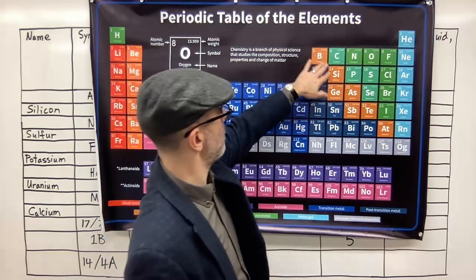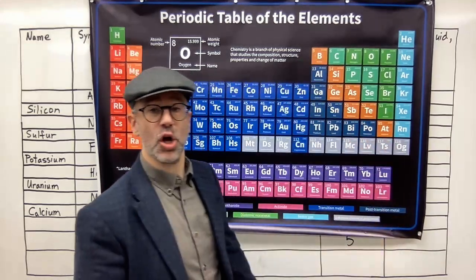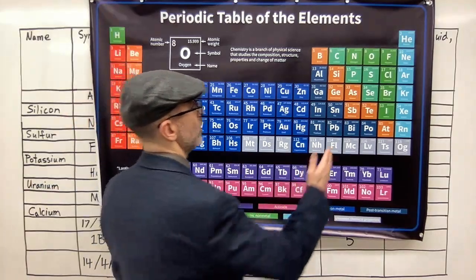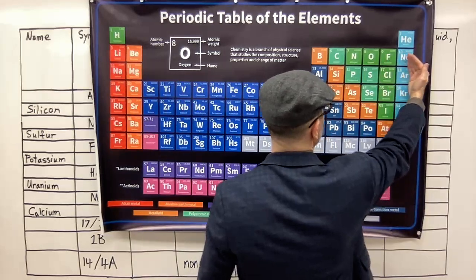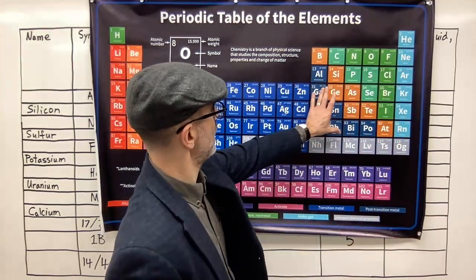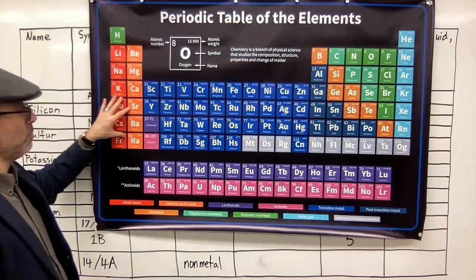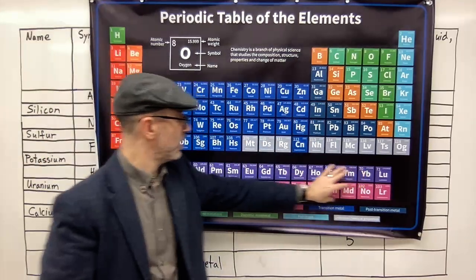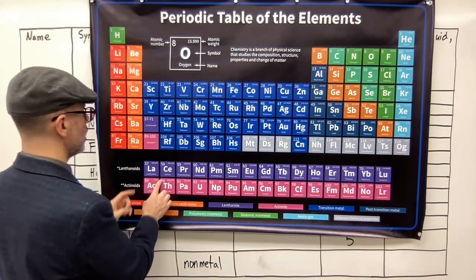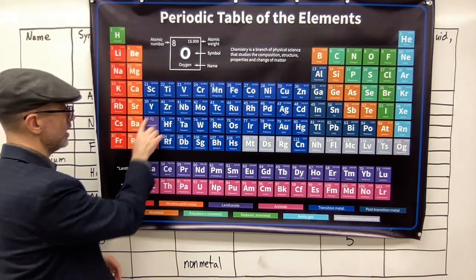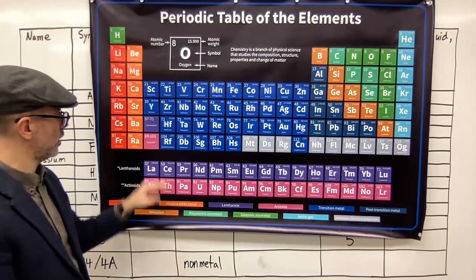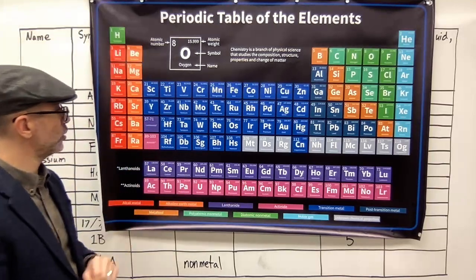These are the metalloids. And the metalloids are in between the metals and the nonmetals. So these are going to be your nonmetals on this side. Anything on this side are metals, including these. These are actually inserted inside this group here. You'll see that this has a space for these, so these are inserted here and these are inserted here.